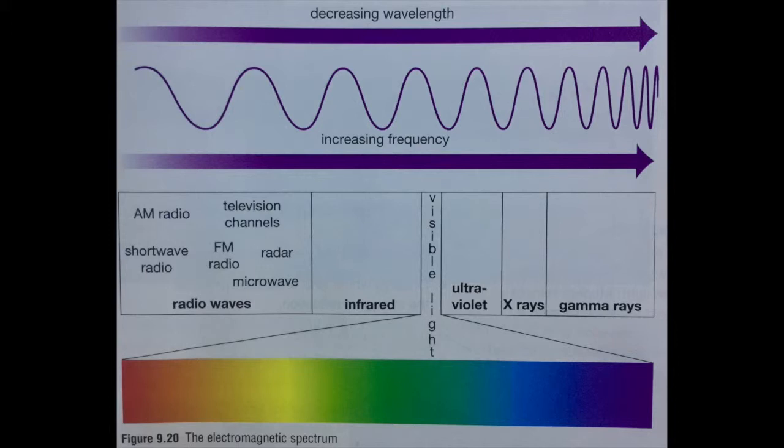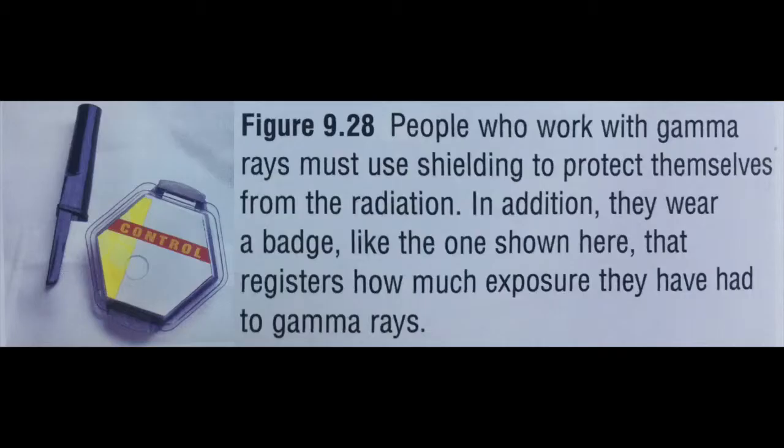Gamma rays result from nuclear reactions and can kill cells. However, sometimes the ability to destroy cells is useful. When doctors discover a cancerous tumor in a patient's body, they may decide to destroy the tumor with gamma rays. This is known as radiation therapy.